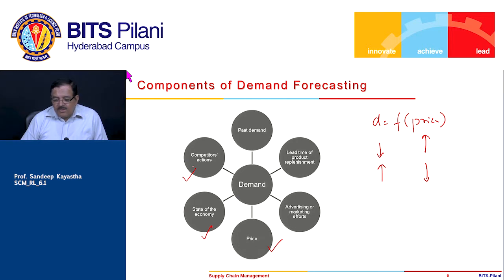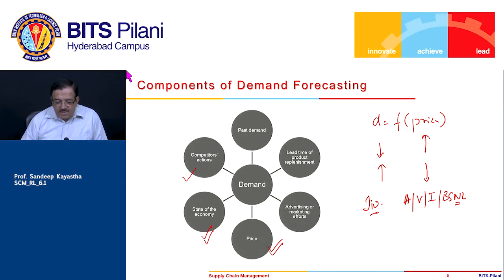How much a company is going to sell does not depend only on the price and the market conditions, but also on what the competitors are doing. In recent months, you must have come across what Jio has done in the telecom market. Demand for Airtel, Vodafone, Idea and BSNL subscribers has all been adversely affected.